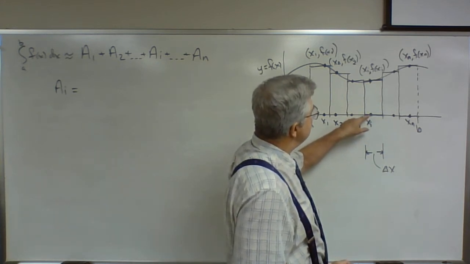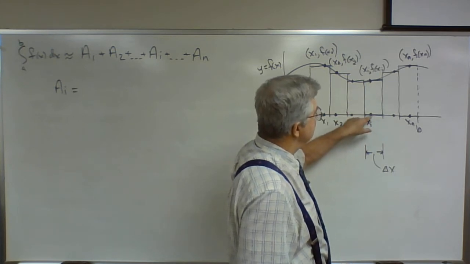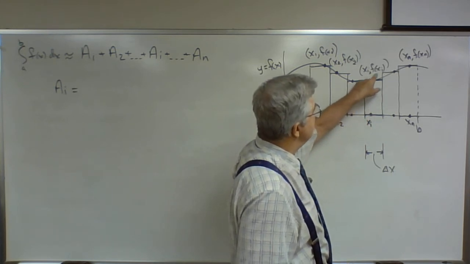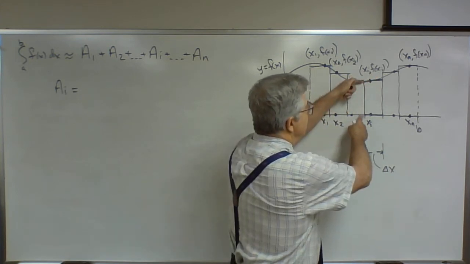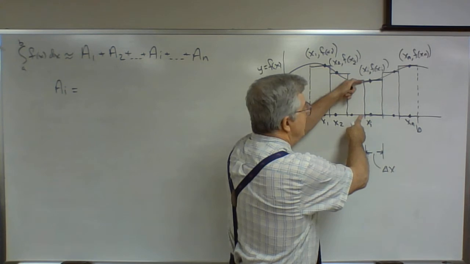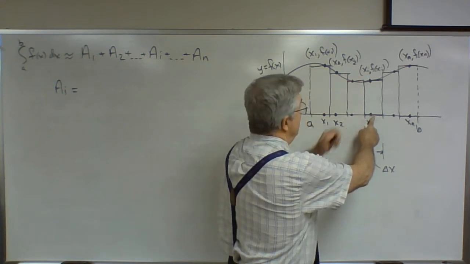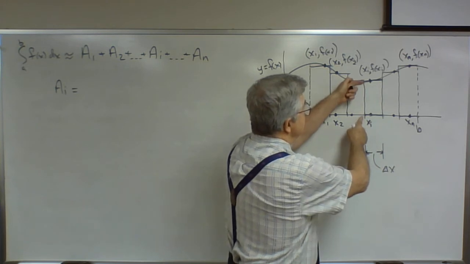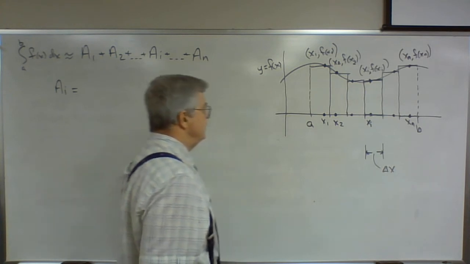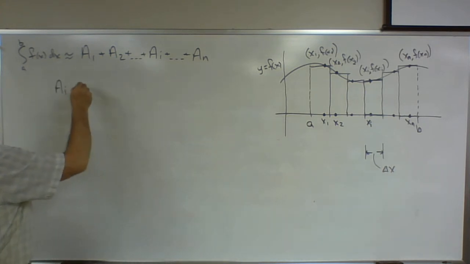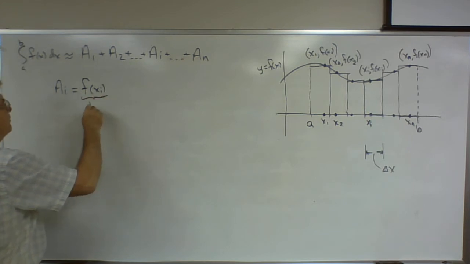We go from y equals 0 to y equals f of x sub i. The height of this rectangle is just the difference of the y coordinates. And on this line, y is 0. So the height of this rectangle is f of x sub i minus 0, or just f of x sub i. That's the height of the ith rectangle.